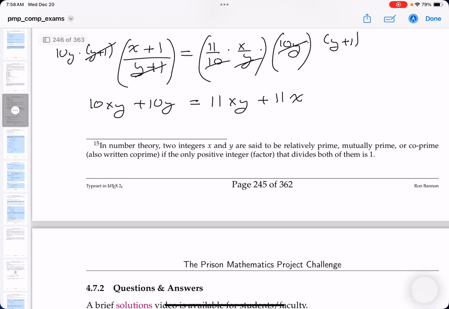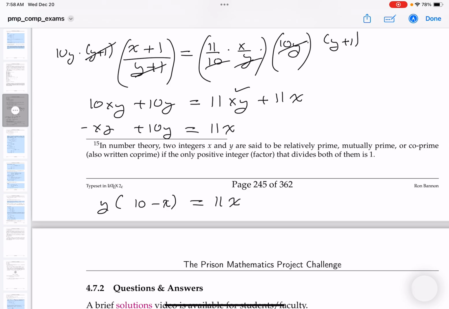You get minus 10xy, I subtracted this from both sides, plus 10y is equal to 11x. I'm going to factor out a y, and you get y times 10 minus x equals 11x. Now, of course, it's time to think.